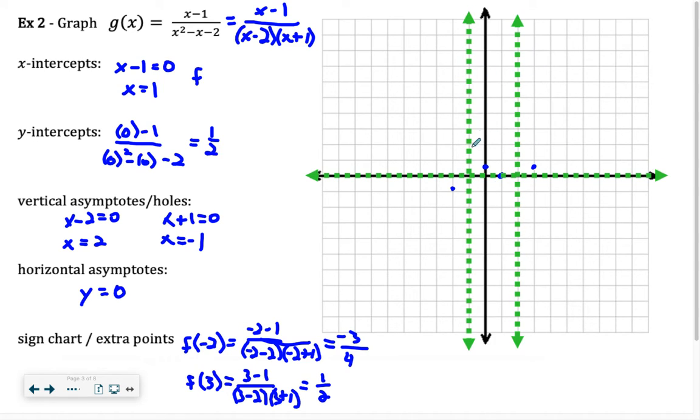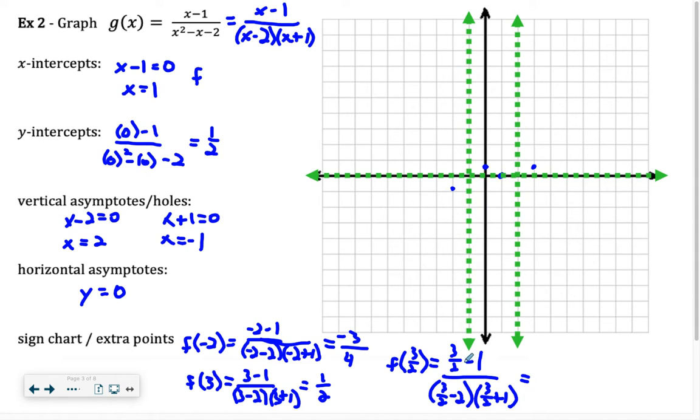Now, we're still not quite sure what's happening here in the middle. I just have these 2 points. So let's choose another point, and we're going to have to choose a half here. So let's go with 1.5 or 3/2. If I plug in 3/2, and you can use your calculator to do this step, I'll have 3/2 minus 1 over 3/2 minus 2 times 3/2 plus 1.